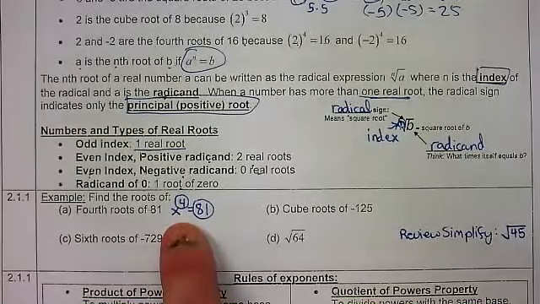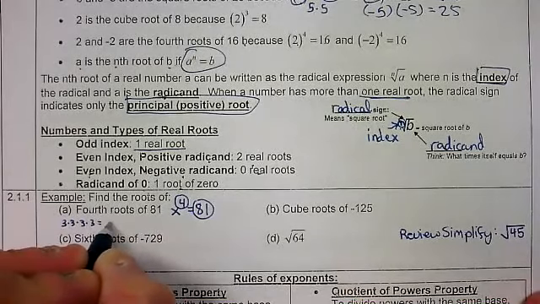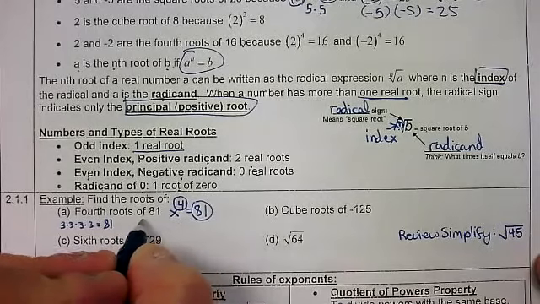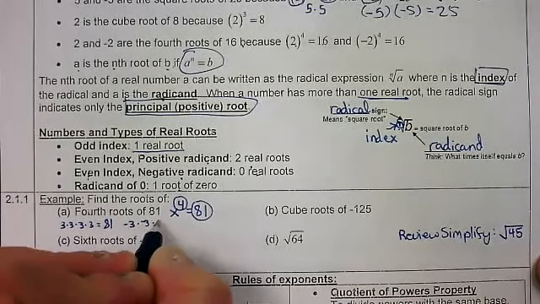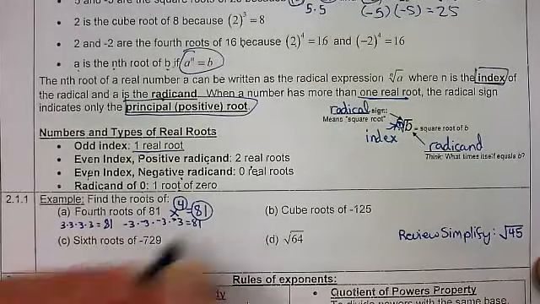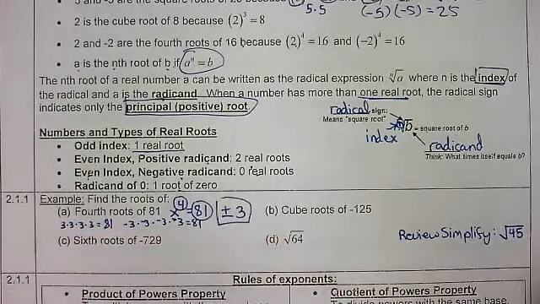So let's try 3 to the fourth power. 3 times 3 times 3 times 3 does give us 81. So we know that it's going to be positive 3, but keep in mind that -3 times -3 times -3 times -3 also equals 81. So our answer then is going to be plus or minus 3.